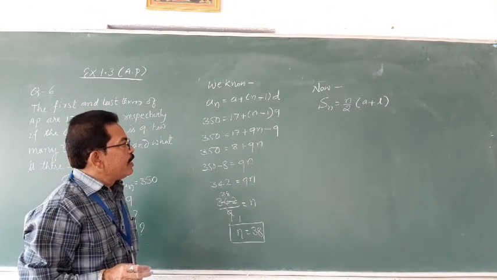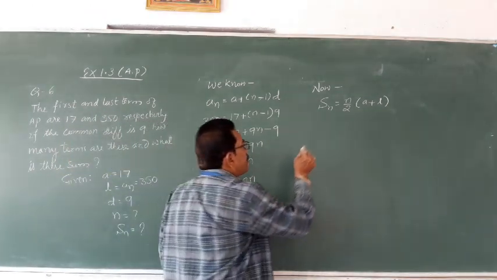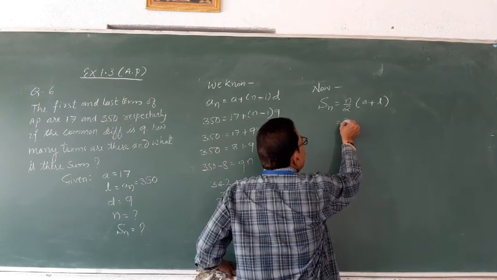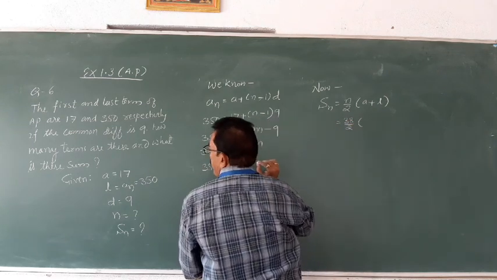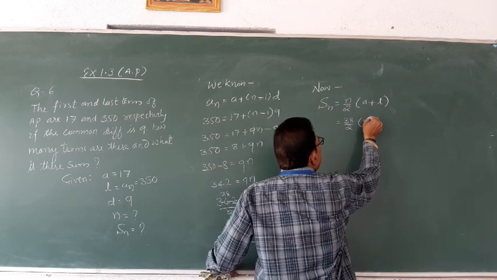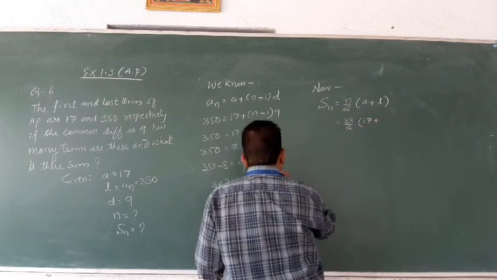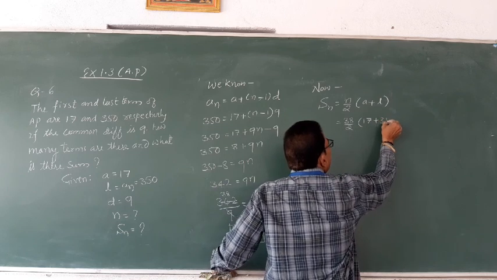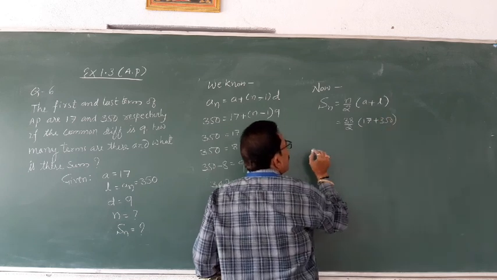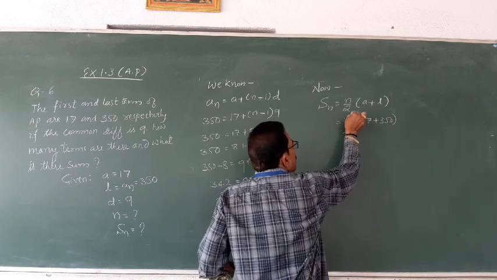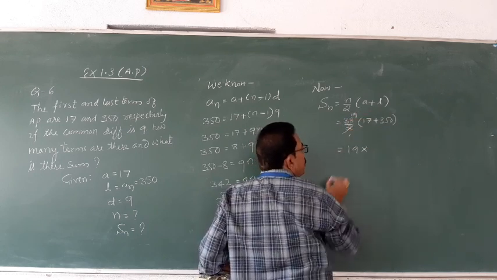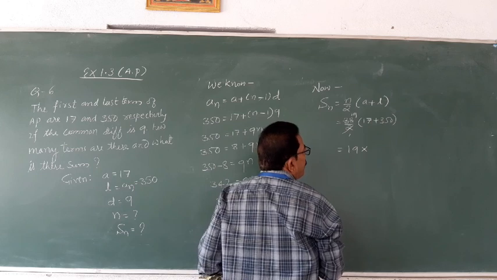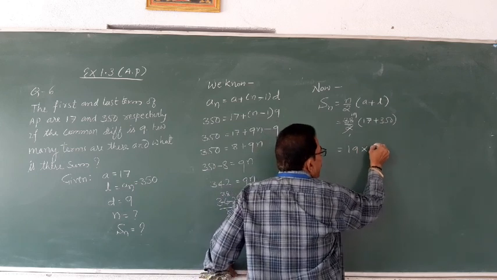So n is 38, a is 17, plus l 350. So 2 ones are 2, 2 19s are 38. That equals 19 into 367.